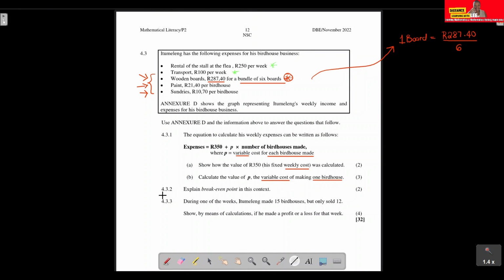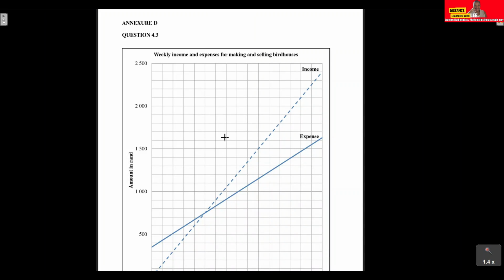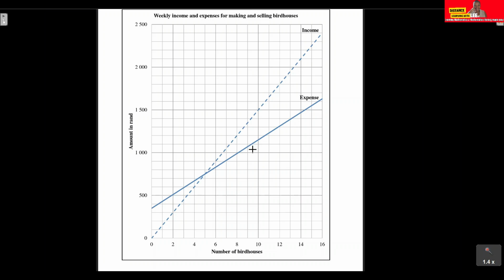Question 4.3.2 says that we need to explain break-even point in this context. So let's backtrack a little and remember what we were doing when we did break-even analysis in our classes. We had a look at this graph.